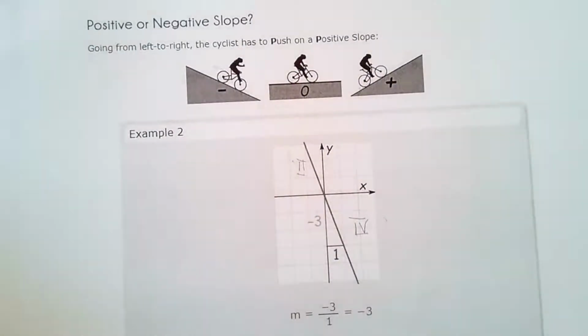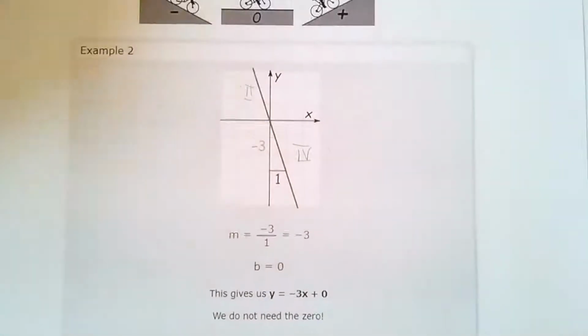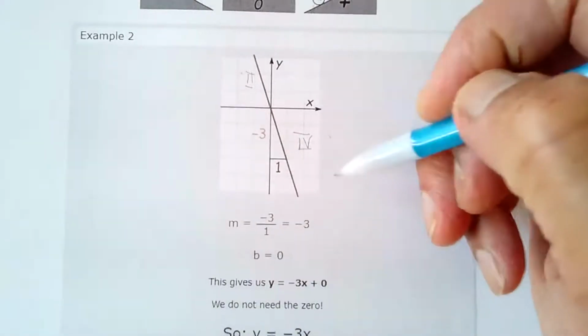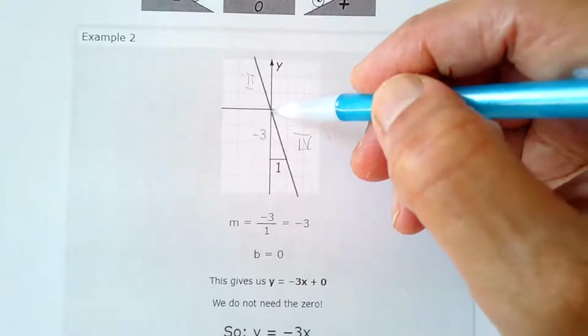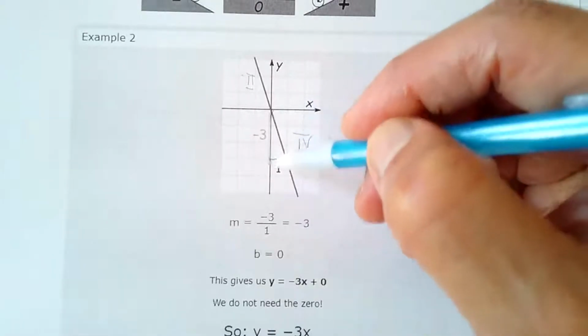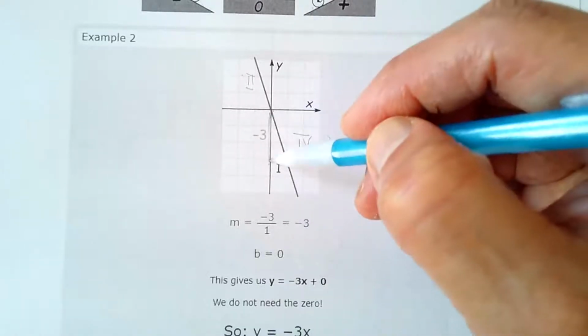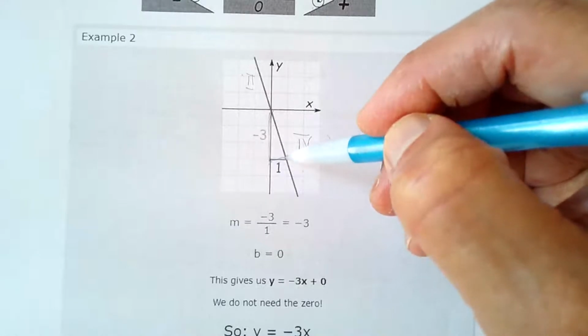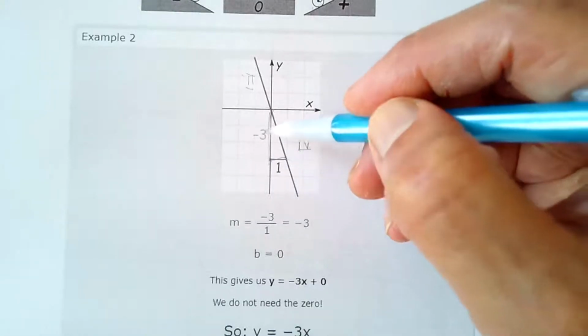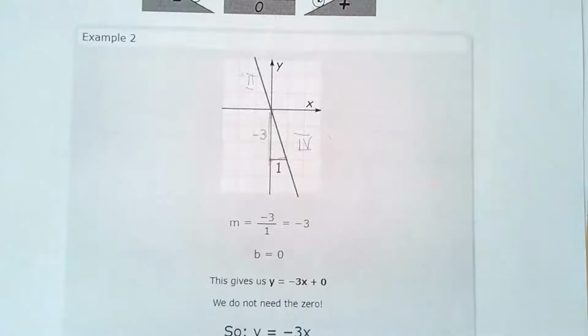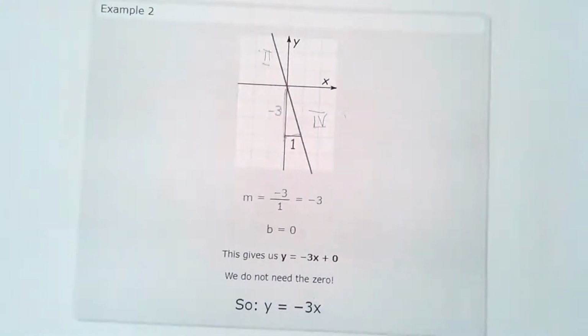On the other hand, we had one example here with a negative slope. We have our rise, we're going down here, -3, and our run is 1, positive. So -3 over 1 is -3. The slope is negative.